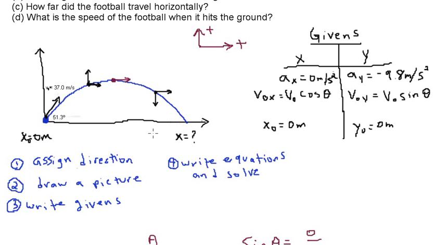One more thing that you should know is that because this is a parabola and parabolas are symmetrical, whatever measurements you get for this half of the parabola are going to be exactly the same for this half of the parabola.